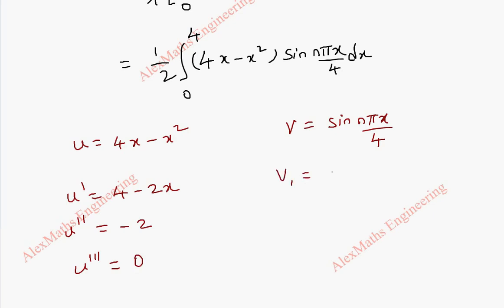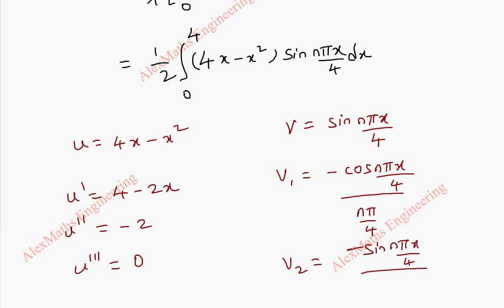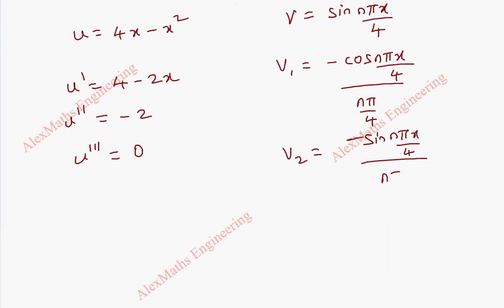Here this integration, v1, is minus cos n pi x by 4 whole divided by n pi by 4. Then v2 will be minus sine n pi x by 4 by n pi by 4 whole square.